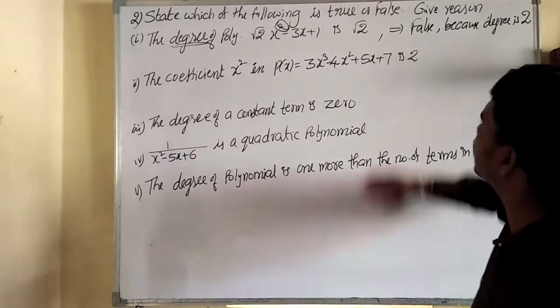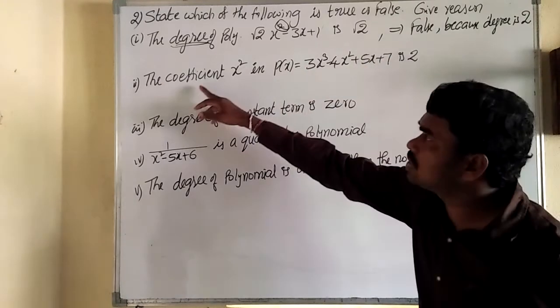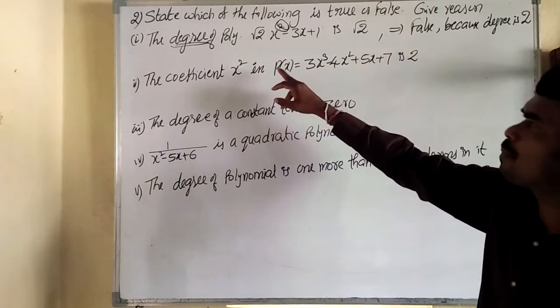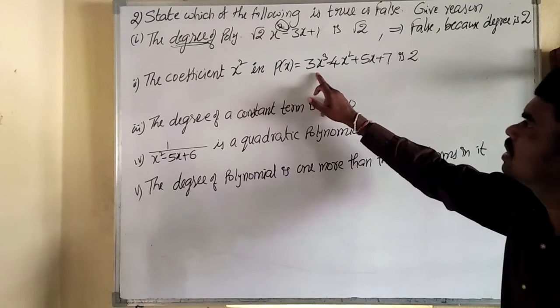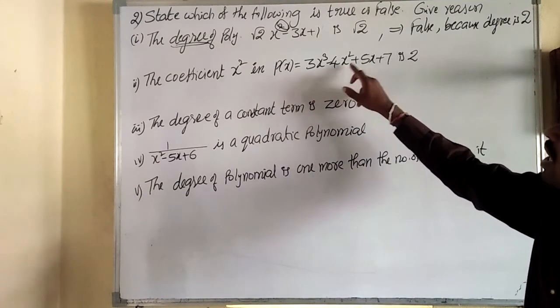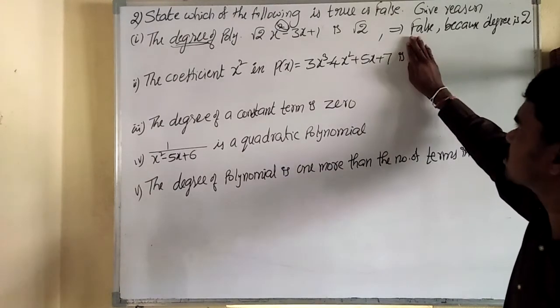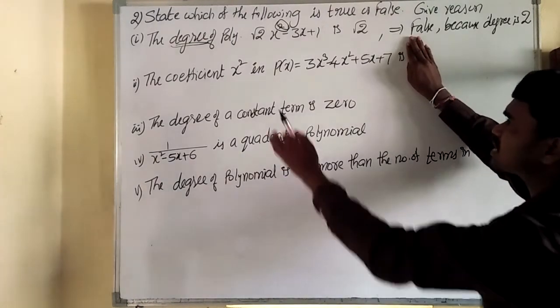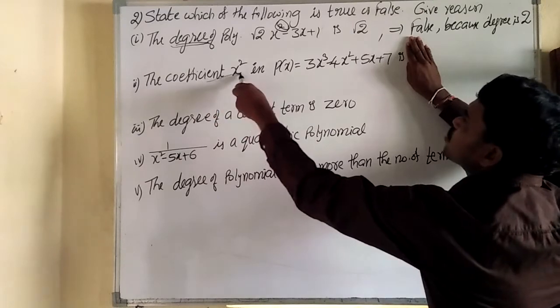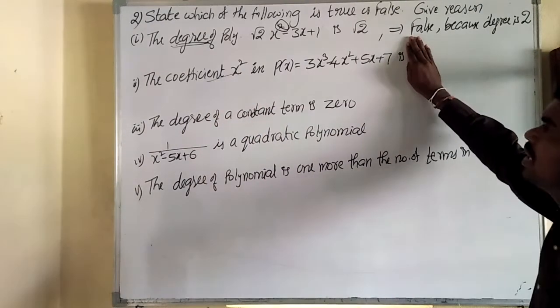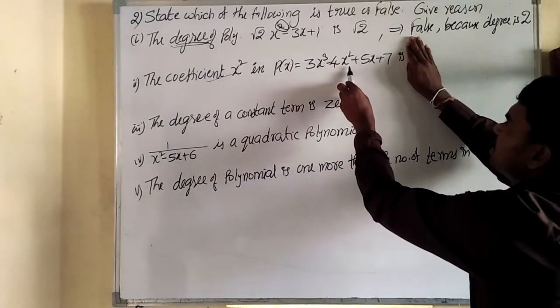Next statement. Okay. The coefficient of x square in polynomial p of x equal to 3x cube minus 4x square plus 5x plus 7 is 2. Just leave the answer. Now read the statement. Coefficient of x square in this polynomial. What is the coefficient of x square?